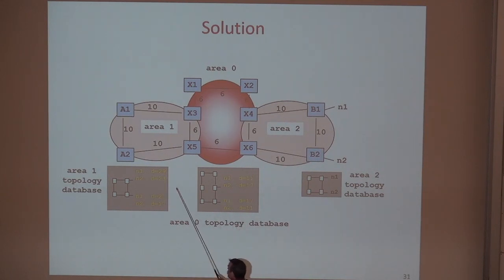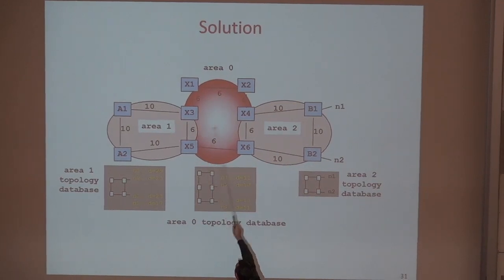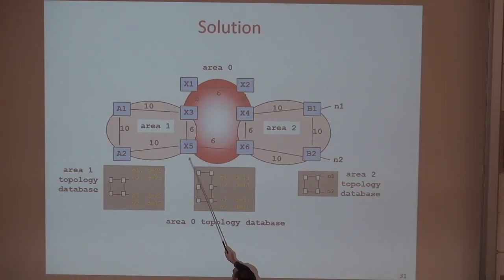Now, X5, which belongs to both area 0 and area 1, will do the same thing in area 1. X5 in area 1 will compute its distance to N1, for example, using the total topology, and will find a distance of 29, for example, and 23 for N2, and similar for X3 and X5.